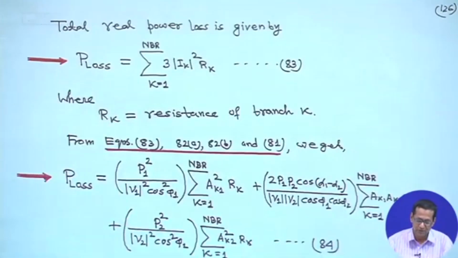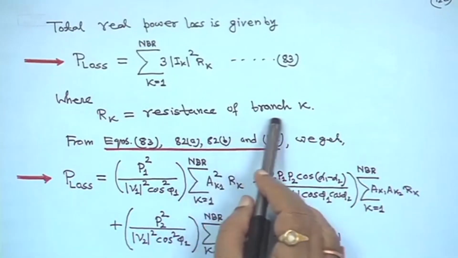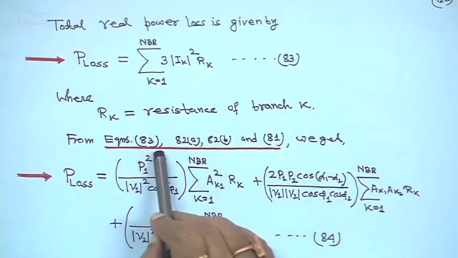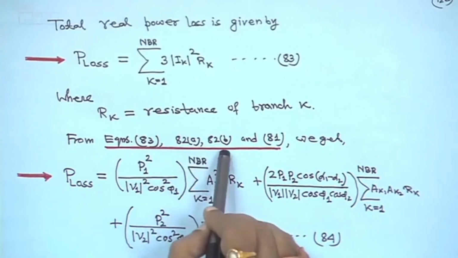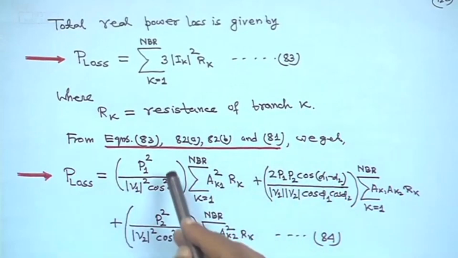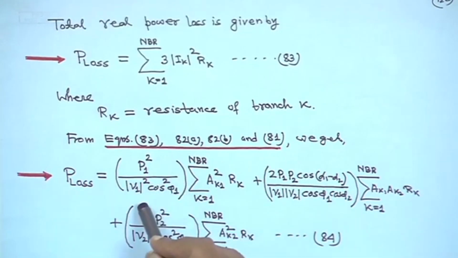If you do so, then you will get, R_k is the resistance of the branch k, right. That is why I have written from equation 83, 82a, 82b and 81, you will get P loss is equal to P1 square divided by V1 square cos square phi 1, this is magnitude, but I am not telling again and again.